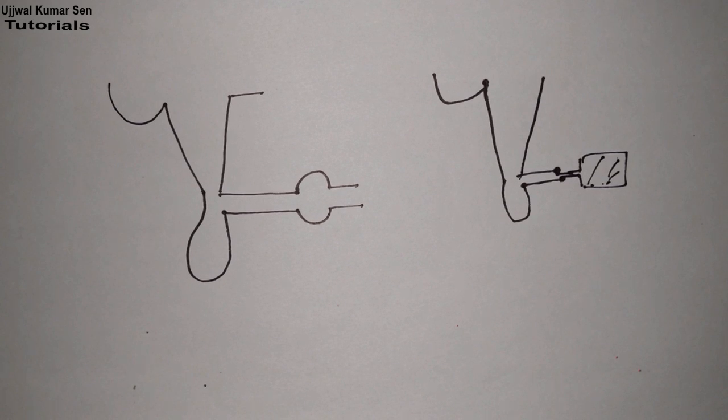Now can you guess? Okay, let me share with you another way to tell which one is a pressurized gating system and which one is a non-pressurized gating system. I'm going to share with you that too.